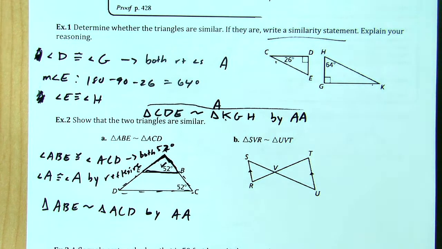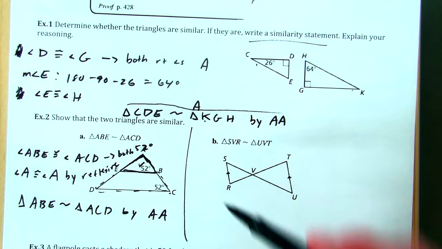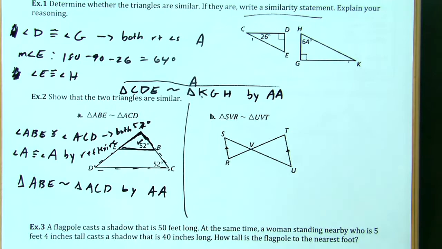So you've shown that you have two pairs of angles congruent. That's why it's helpful to have your theorem table still filled out from first semester, because some of these reasonings we're still going to use.